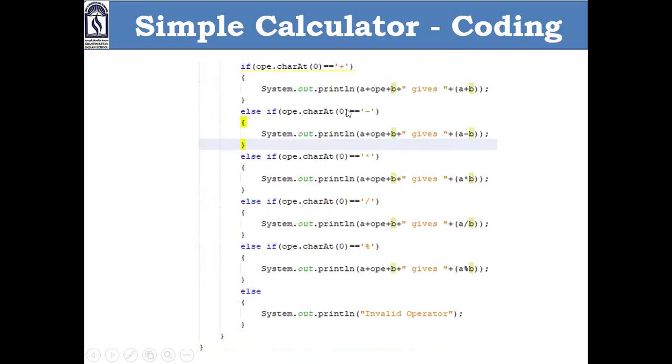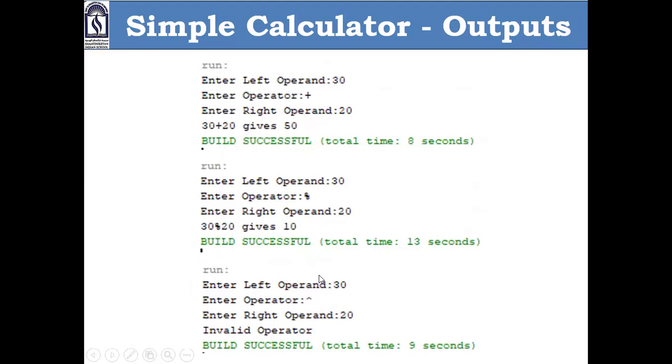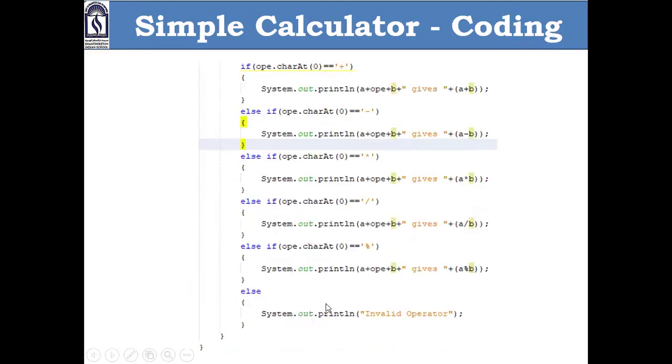This is false, this is false, this is false, this is false, this is false. You know very well, these are for subtraction, multiplication, division, percentage. So all conditions are false. The zeroth character is caret, so the block belonging to else will execute. We will get invalid operator. This is what I got. I hope it is clear.